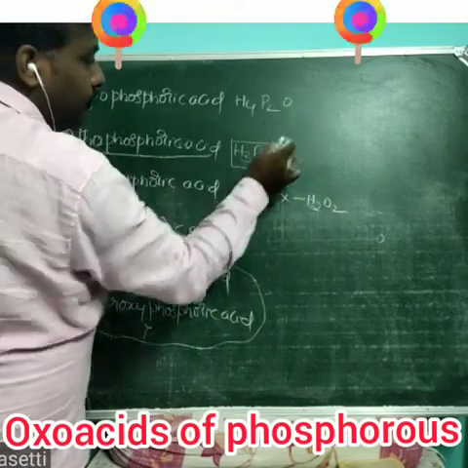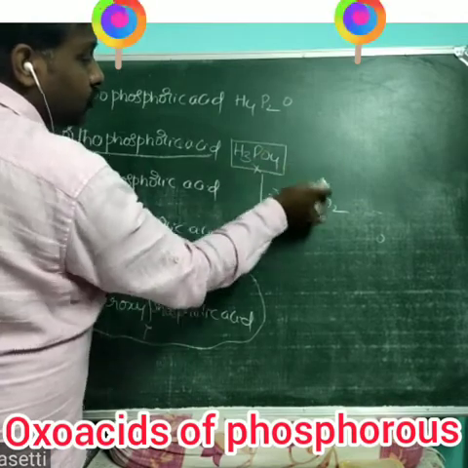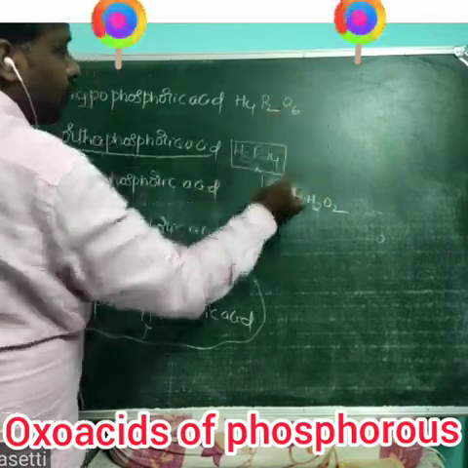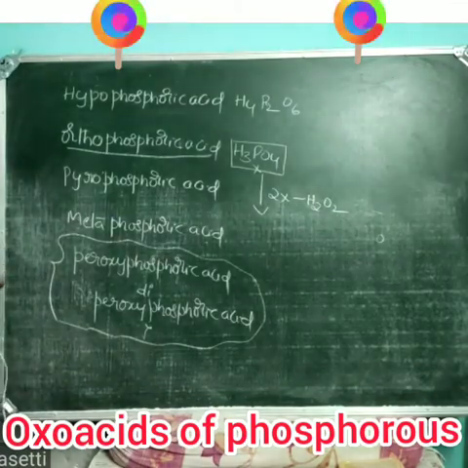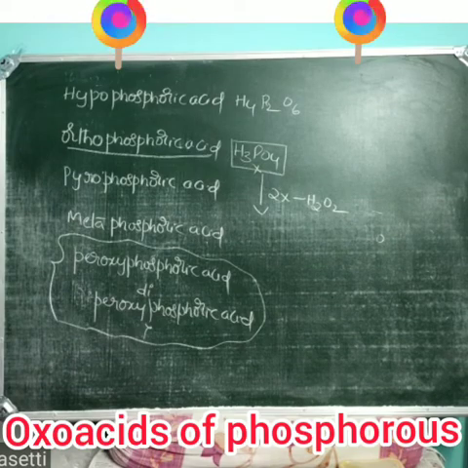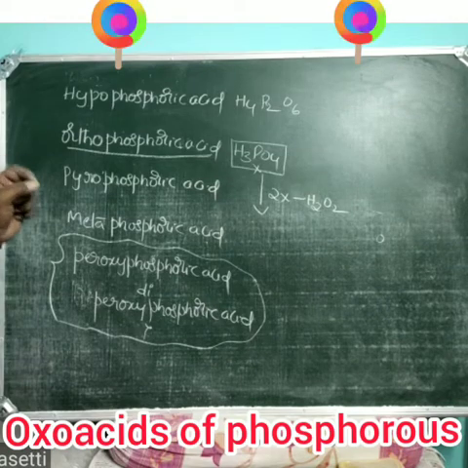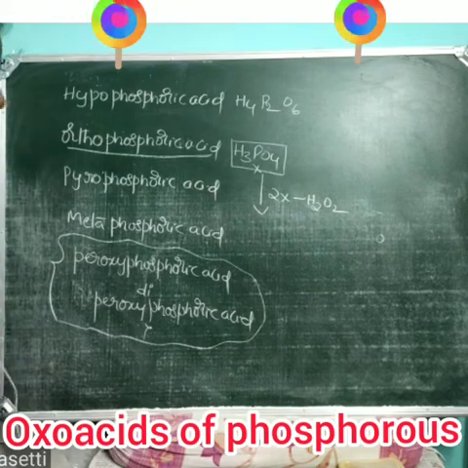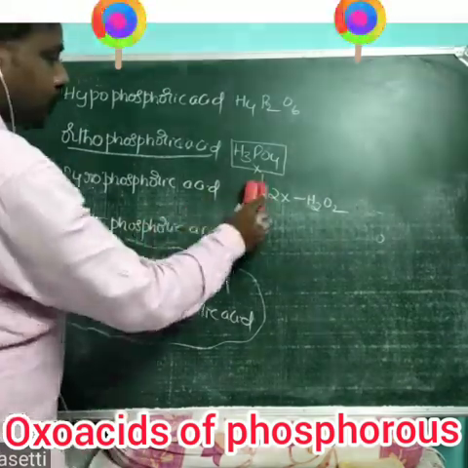Sorry, remove H2O2. So it becomes H4P2O6. So what is the formula for hypophosphoric acid? H4P2O6. Now, how will we get pyrophosphoric acid?